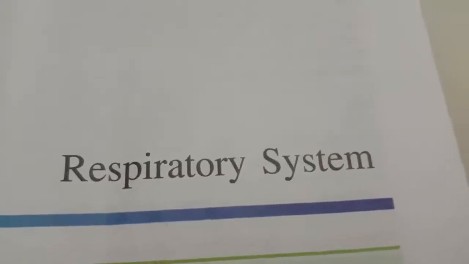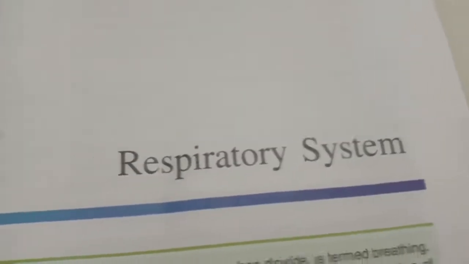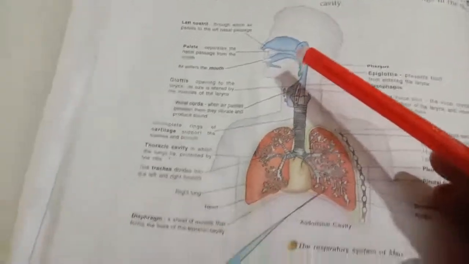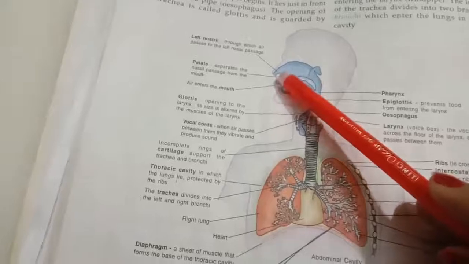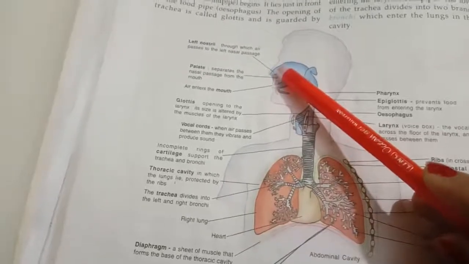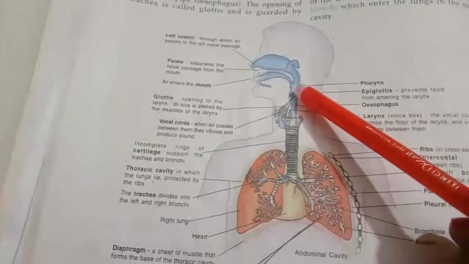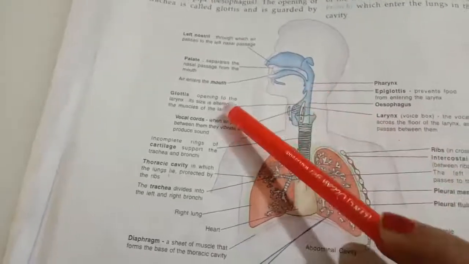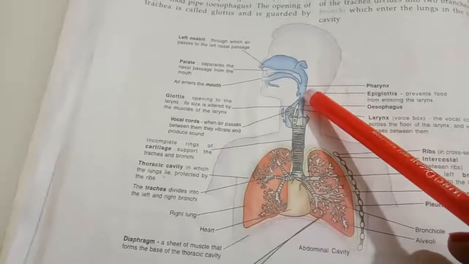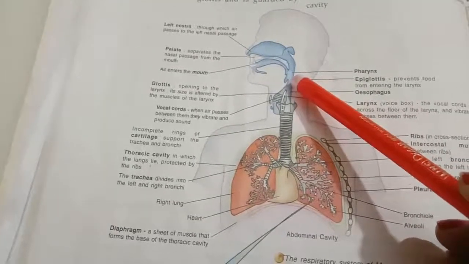Okay students, if you look at the diagram of the human respiratory system, you can see that it starts from the nostril, then the nasal cavity or nasal passage. After that is the pharynx. Then the glottis, which is the opening of the windpipe, or larynx.